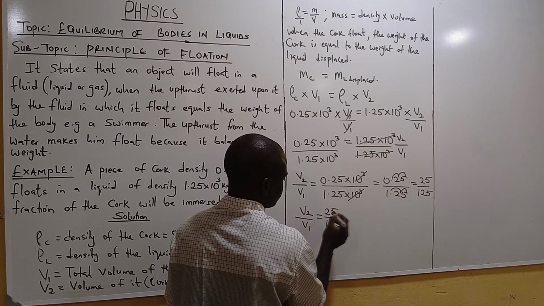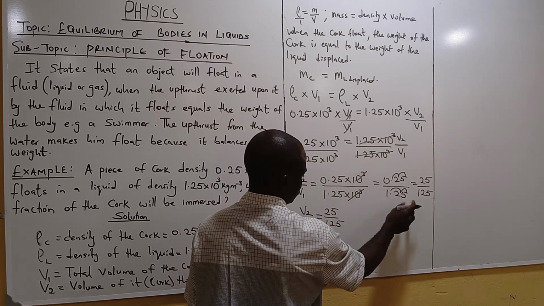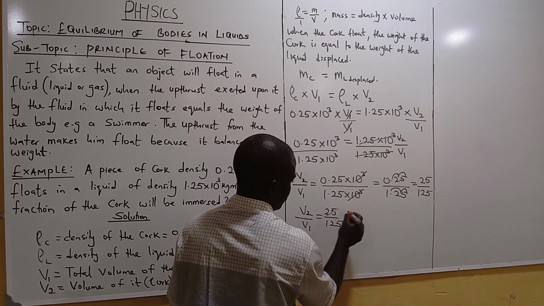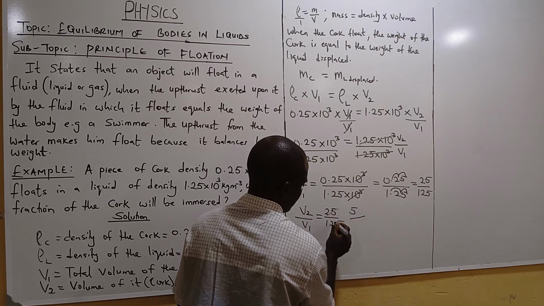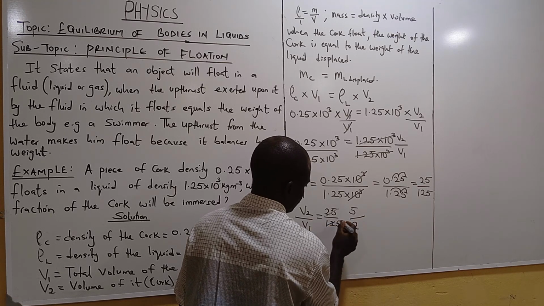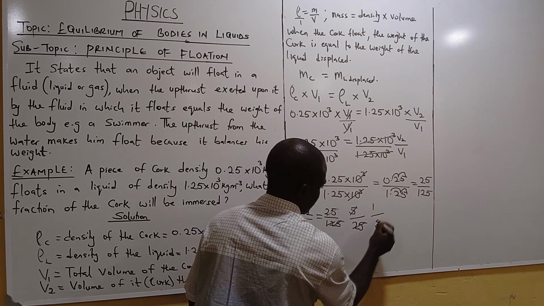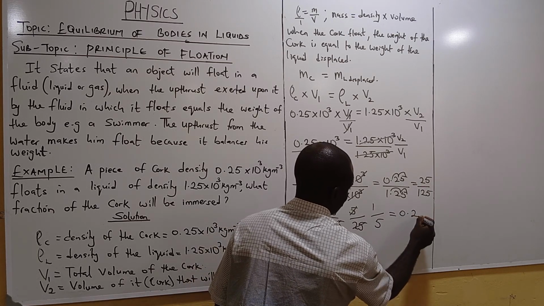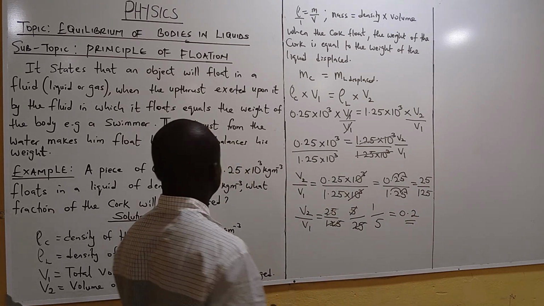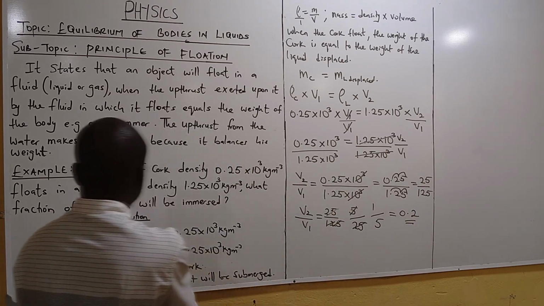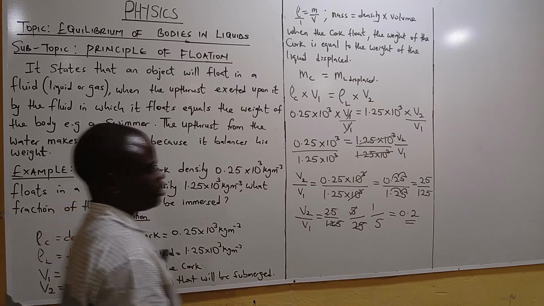Is that okay? If you have a calculator, if you press it, you get the same thing. 5 here, 5. 5 here, 2. 5 here, 25, 5. 5 here, 1. 5 here, 5, which is 0.2. Okay, that's the fraction. That's the fraction of the cork that will be submerged.